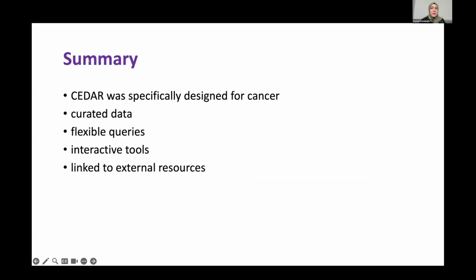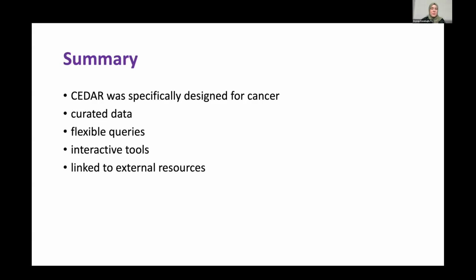Okay. To wrap up, here are some key takeaways. CEDAR is a comprehensive curated resource entirely focused on cancer epitope data, and we have a lot of clinical and immunological context. We also link to external resources that you can use information from. We provide flexible queries, and everything that is queried and retrieved can also be downloaded in multiple formats.